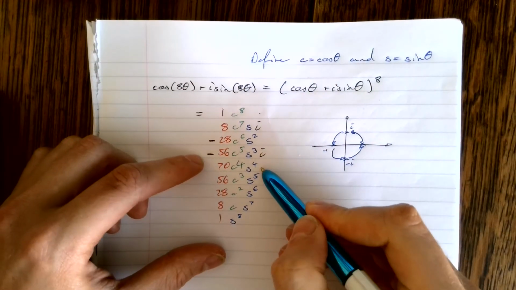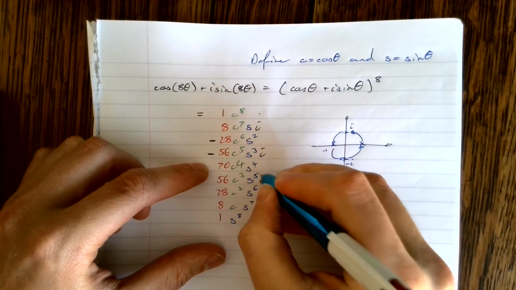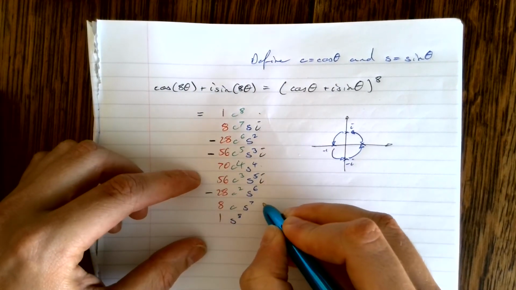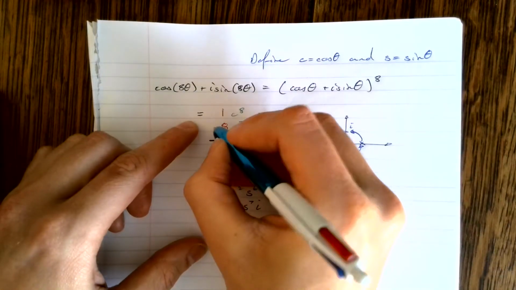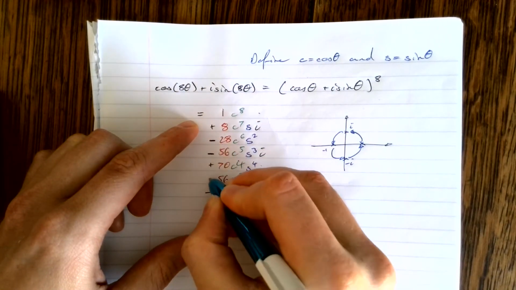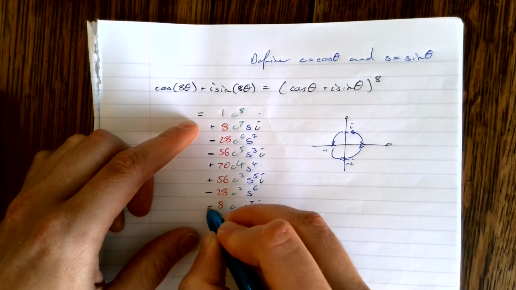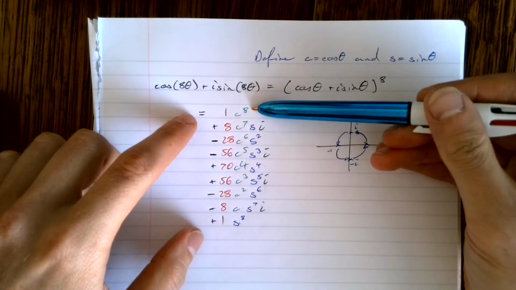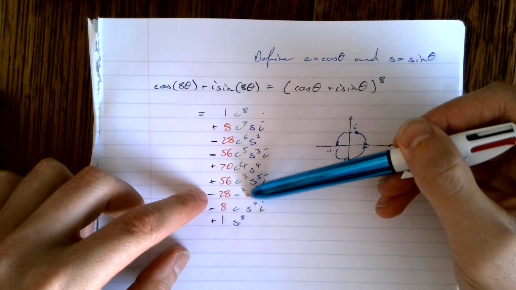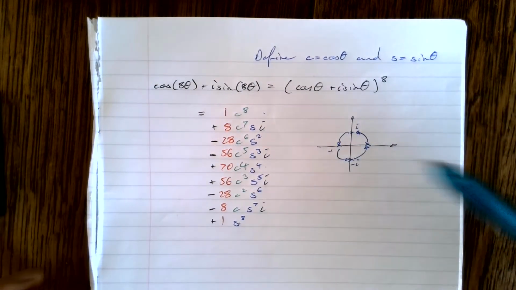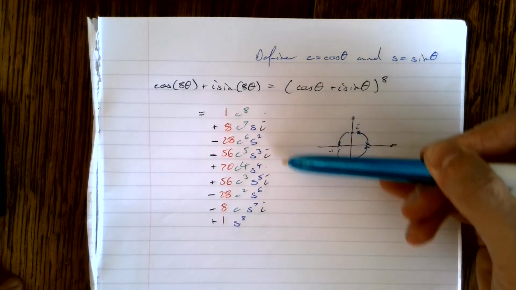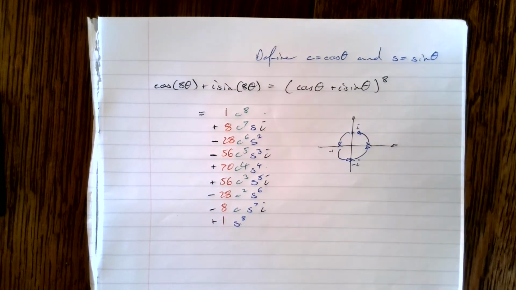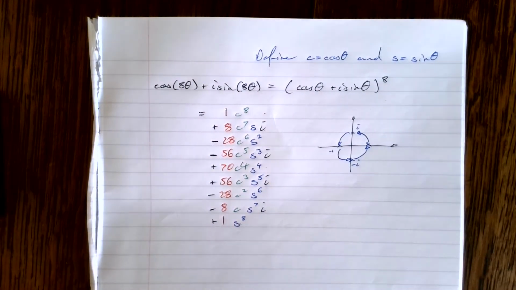We got up to -i, 1, i, -1, -i, and 1. Let's just fill in all those pluses. And we can see this pattern, positive, positive, negative, negative, positive, positive, negative, negative, positive again. And the i's are in alternate ones. Great. And by spotting those patterns, we can be sure not to make a mistake.